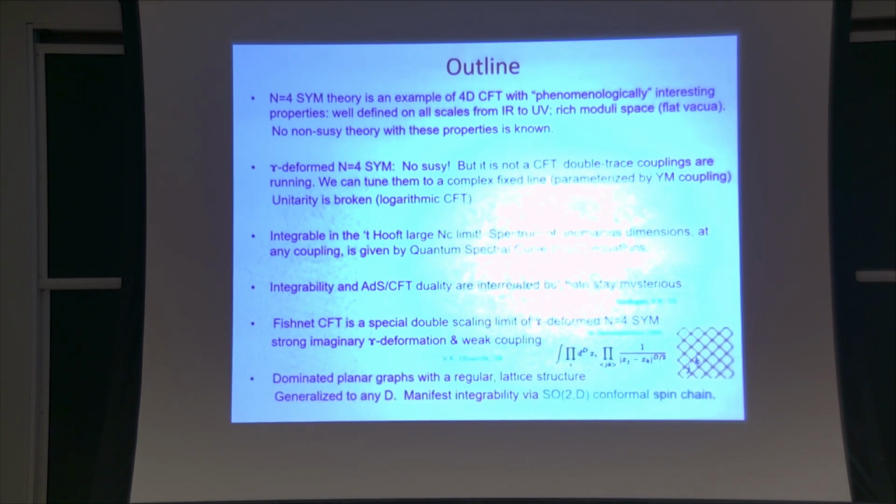The result was the so-called fishnet CFT, which is dominated by planar graphs. In the simplest one single coupling version, it's dominated by these fishnets, which have been introduced by the Zamolodchikovs and have been understood as an integrable statistical mechanical model, which can be described by an SO(2,D) conformal spin chain, non-compact conformal spin chain.